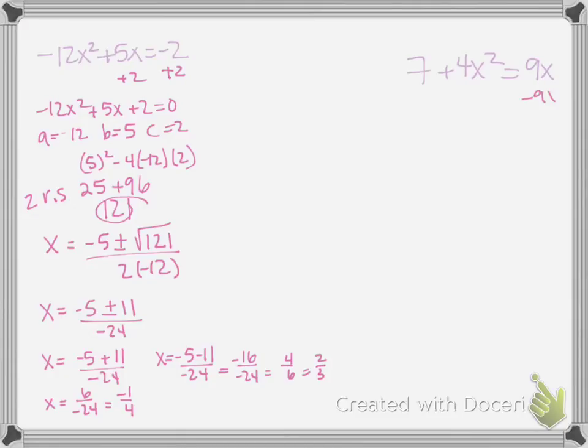Okay, subtract that 9x. Make sure you do your x squared, then your x, then your number. A is 4, B is negative 9, C is 7.